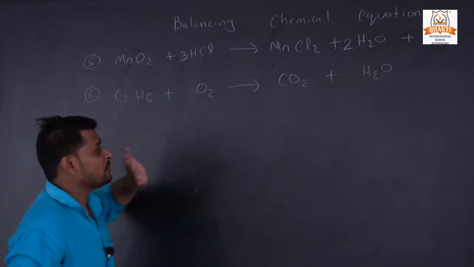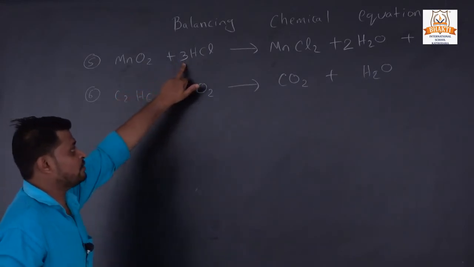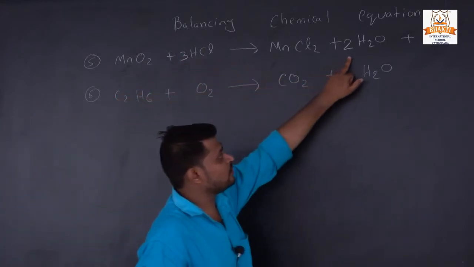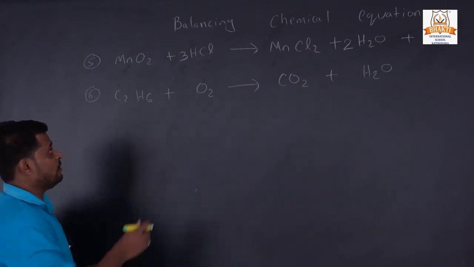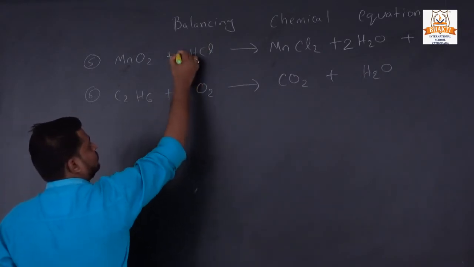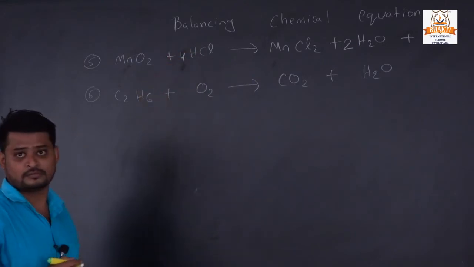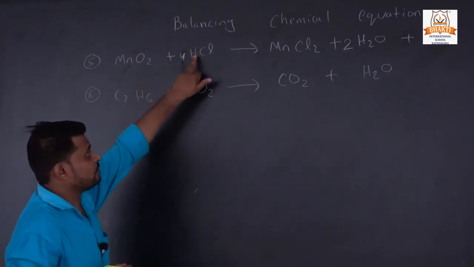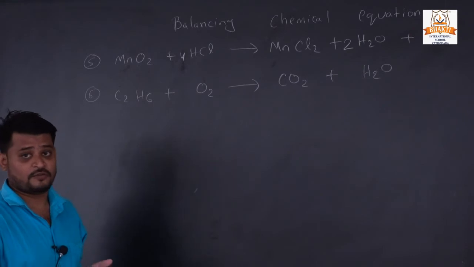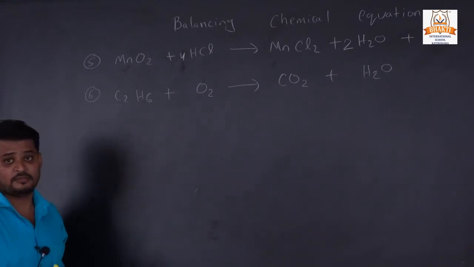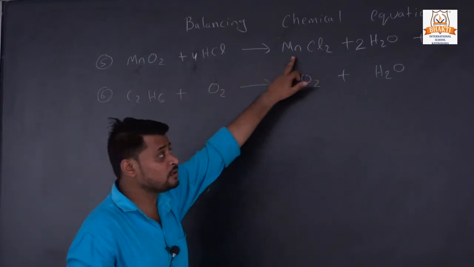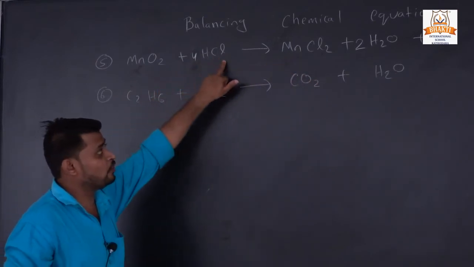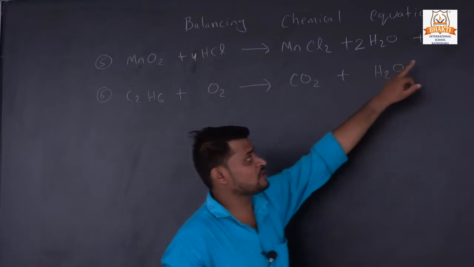Now last, hydrogen. Now here hydrogen is 3 and here hydrogen is 4. It is unbalanced. So we have to multiply here 4. Now hydrogen 4, then we will change. So we will start again with the metal. Metal 1, manganese 1, chlorine 4, here chlorine 2 plus 1, 3.